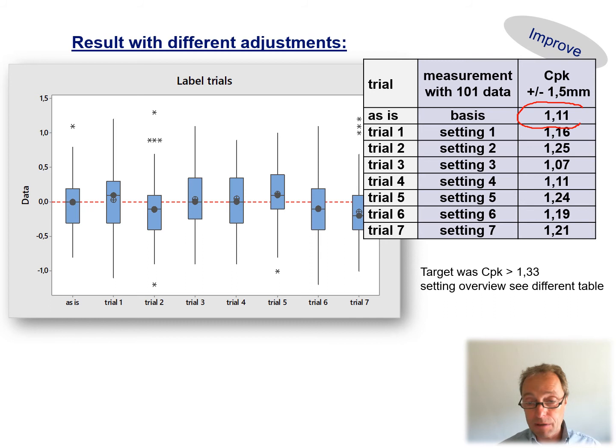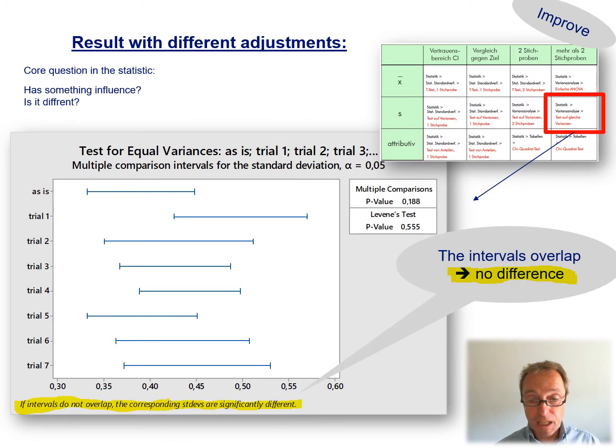Sometimes we are better, sometimes not so good. My stomach tells me this is more or less everything the same. This is so minor that it is not significant. But we are here at Six Sigma and we want to know, not to ask our stomach. That means we have to analyze this a little deeper.